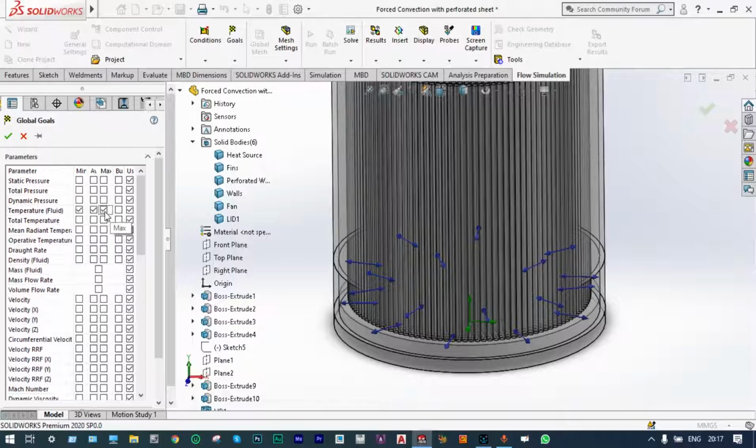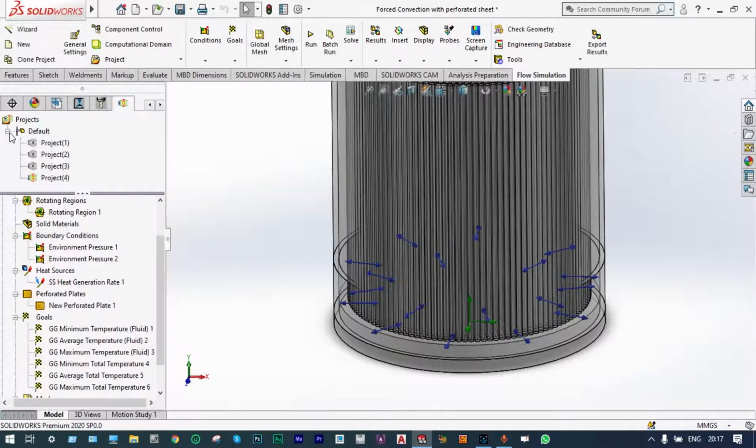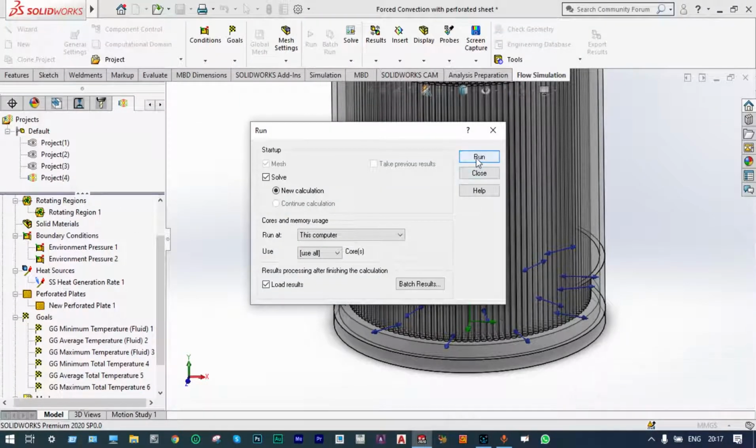At the same time, we'll take the total temperature of solid also. Green check. You have selected 6 different global goals. Green check. Next, we can run it with the new calculations.